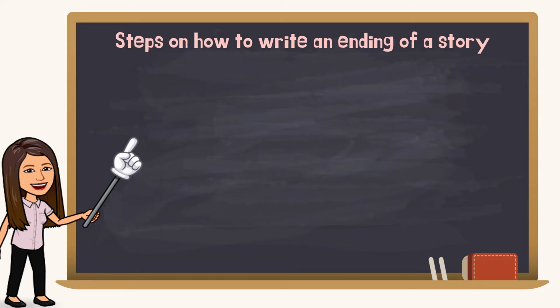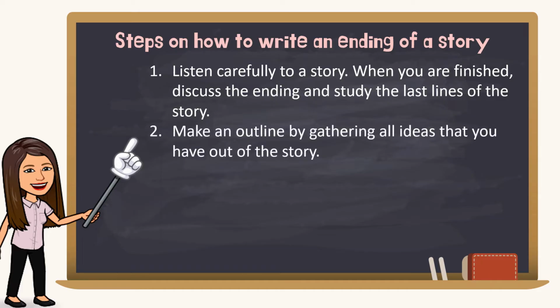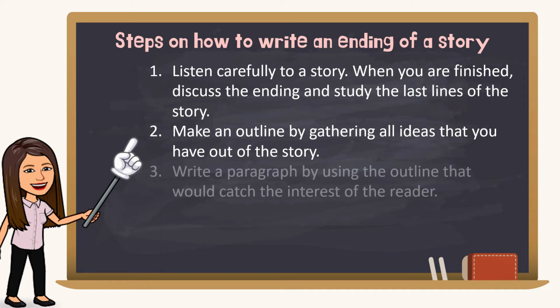Now here are some steps on how to write an ending of a story. Step number 1. Listen carefully to a story. When you are finished, discuss the ending and study the last lines of the story. Step number 2. Make an outline by gathering all ideas that you have out of the story.